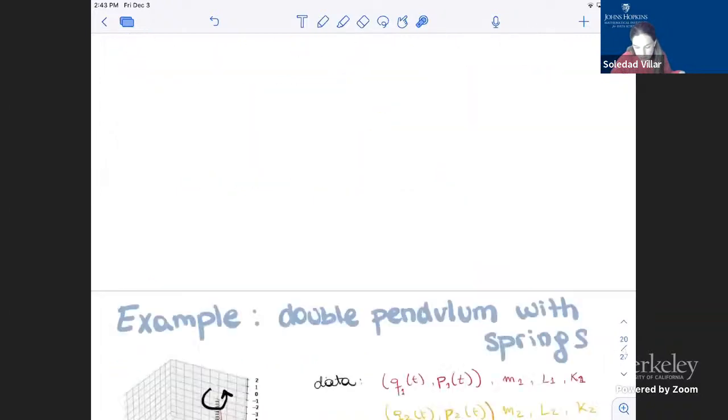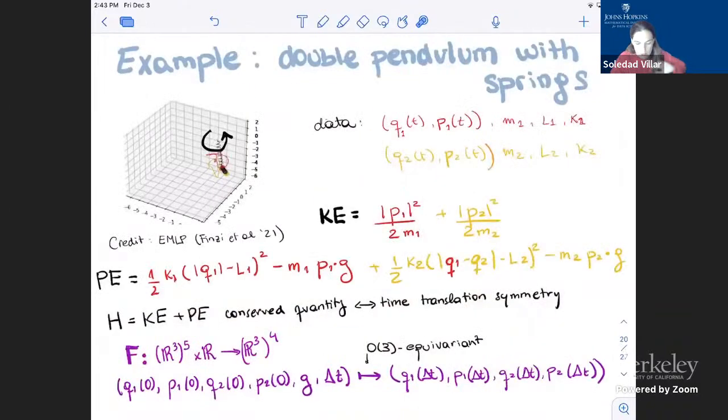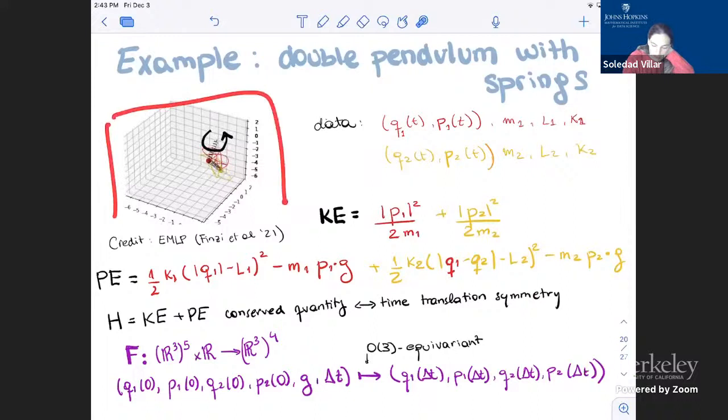So basically that's it. To finalize, I'm going to show you a couple of numerical examples, and they are toy examples. Actually, I must say that this drawing is from Marc Finzi, who presents this in a very nice paper called EMLP.